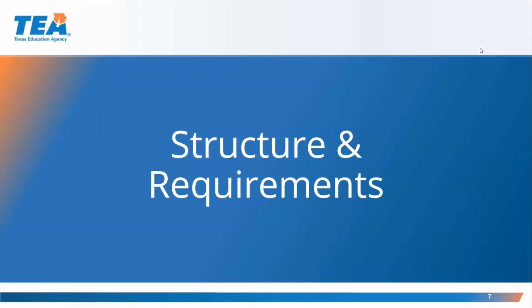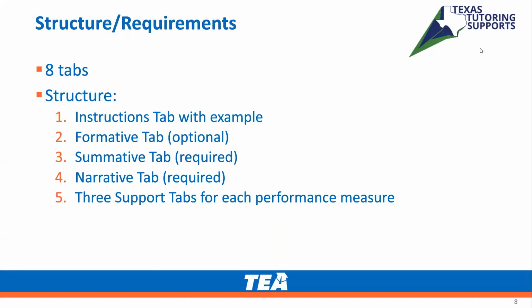We'll look now at the overall structure and requirements of the Fidelity of Implementation rubric. Here in a second, when we open it up, you'll notice that there are 8 tabs. The last tab should be hidden to the LEA, but for your purposes, you'll notice that there is an instructions tab that includes an example of what a completed rubric might look like.